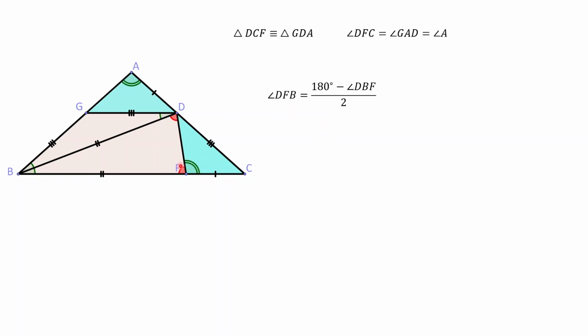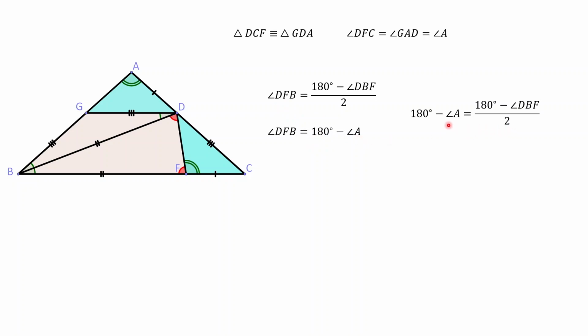So angle DFB is equal to (180 minus DBF) divided by 2. On the other hand, we know that this one is equal to angle A. So angle DFB is also equal to 180 minus angle A. That is what I have written here. So instead of DFB, I can write 180 minus A.